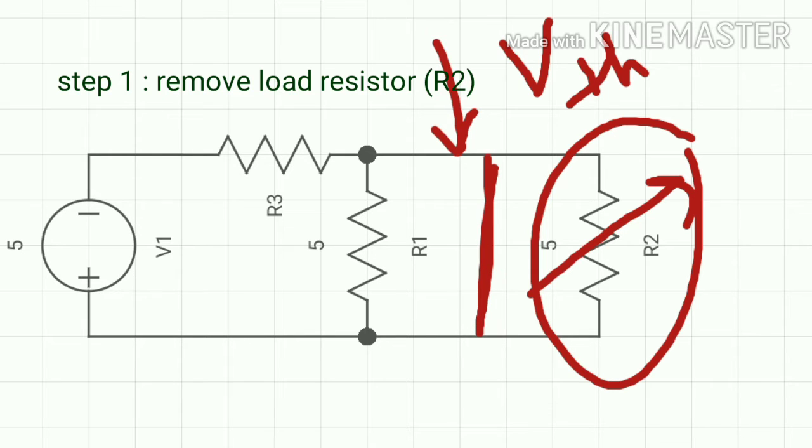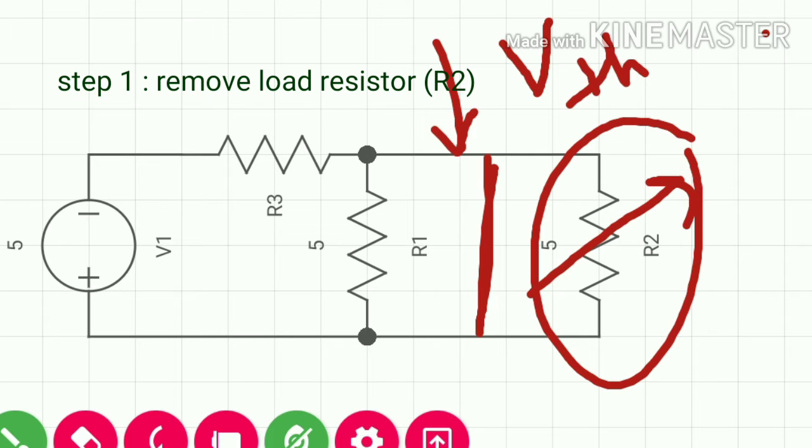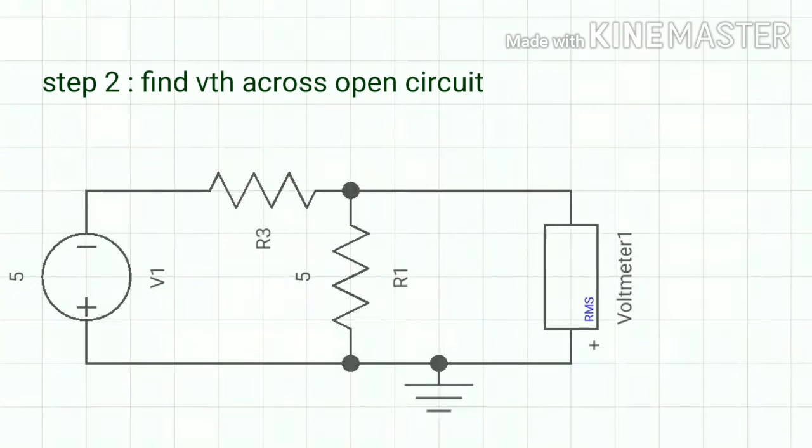Okay, now you can see here I have replaced the load resistance with a voltmeter, because in Thevenin's theorem the first step is to find VTH, the Thevenin voltage.